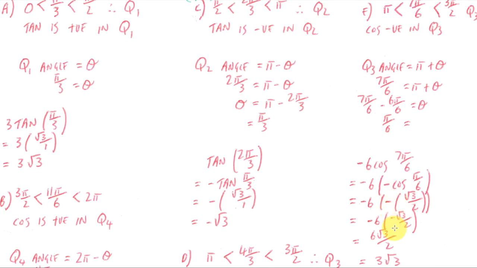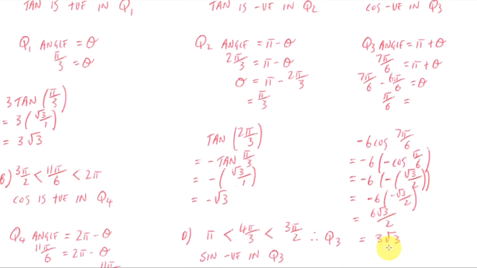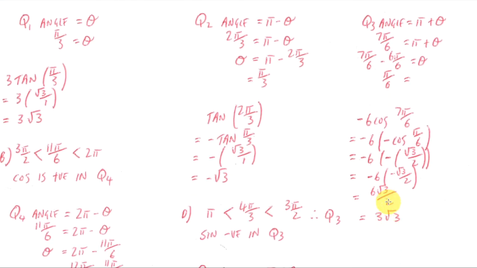So that becomes negative square root of 3 on 2, and overall I've got 6 lots of that, and because that's negative and this is negative, I end up with 6 lots of square root of 3 on 2, and then of course finally 2 goes into 6 and also into 2, and this simplifies to being 3 lots of the square root of 3. So a bit of work in that one.